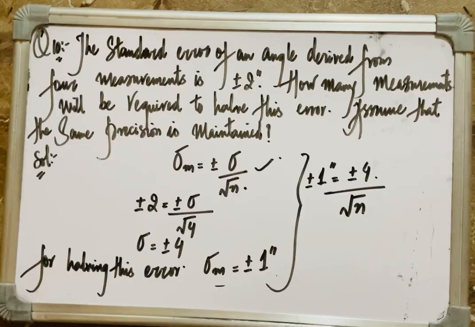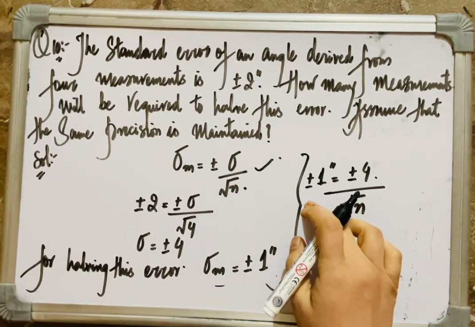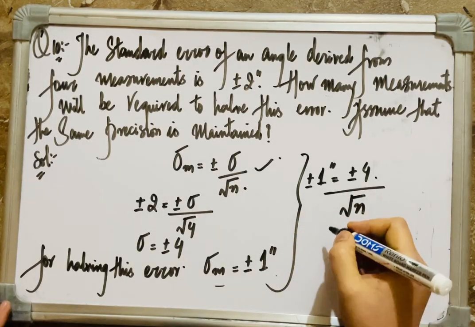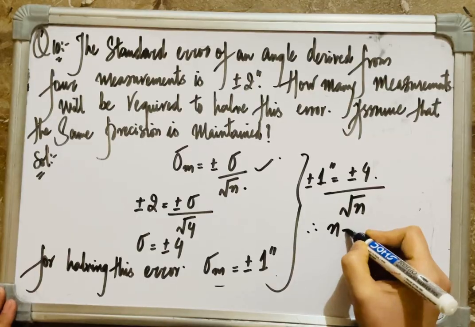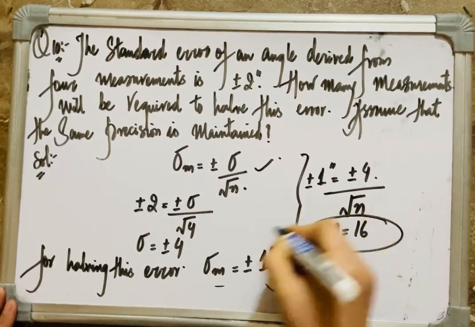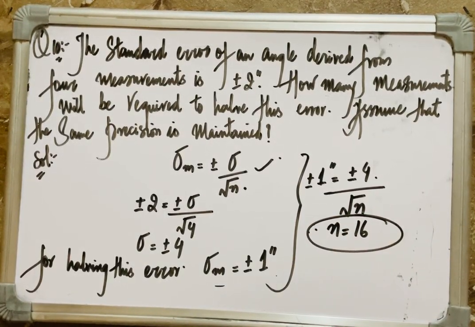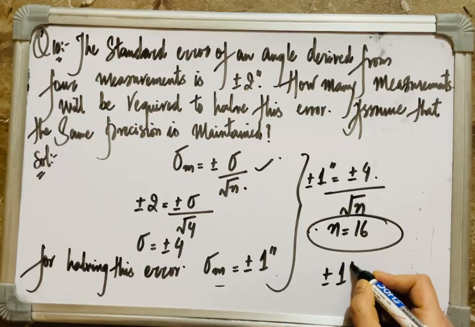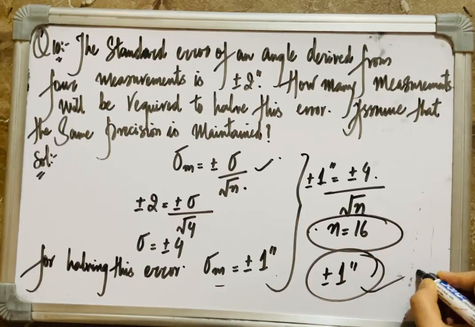By calculations, my n is equal to 16. That means 16 measurements with the same precision are required so that the standard error of the mean will be equal to plus minus 1 second. So this was the question and we solved it. With this, we conclude today's video lecture. Thank you for watching.